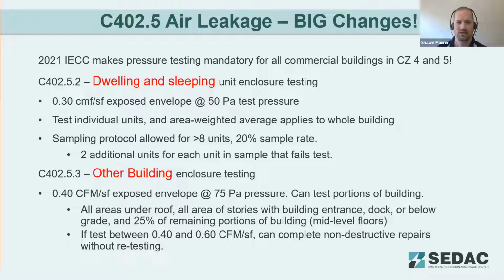Slightly different requirements: dwelling and sleeping units kind of fall in line with the multifamily requirements for residential, and that it has that lower 50 Pascal test pressure. And there is a sampling protocol in place. For all other commercial buildings, the test pressure is 75 Pascals and has to be 0.4 CFM per square foot of exposed envelope area.